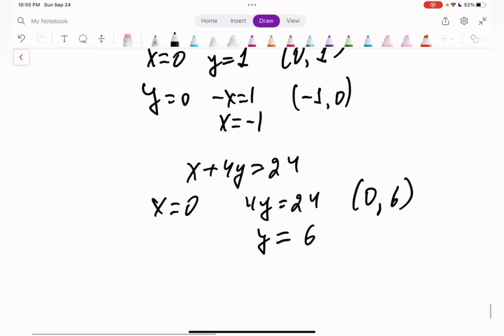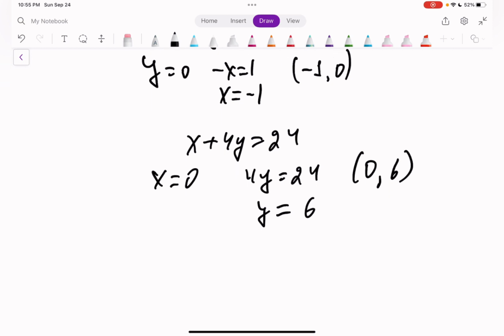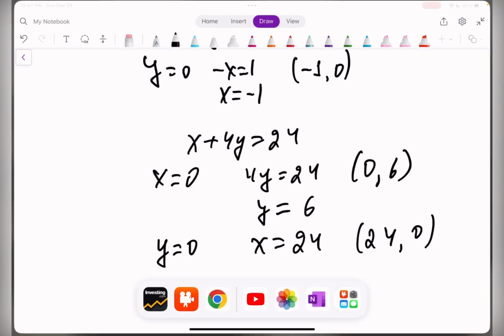First writing down x and then y. And when y is equal to 0, we get x equal to 24, which is going to be 24, comma, 0. Okay, let me take pictures for the points.